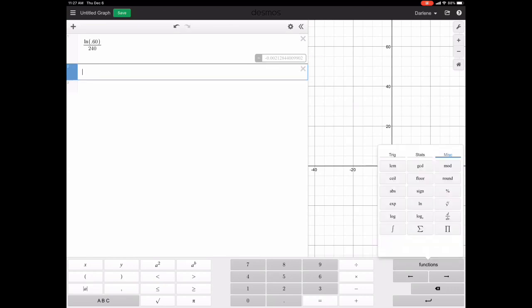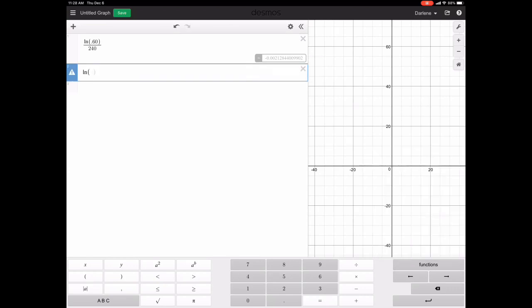So let's go to our calculator, and we'll have once again the natural log of 0.5 divided by negative 0.00213.